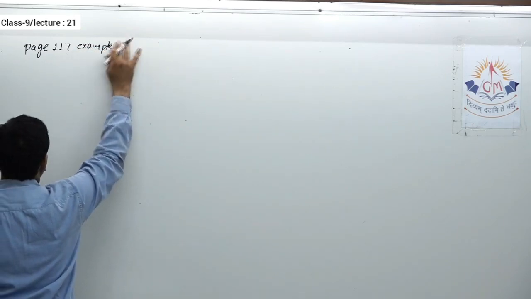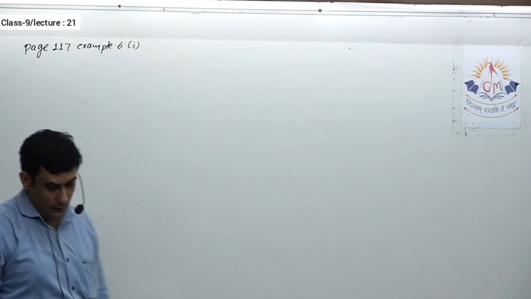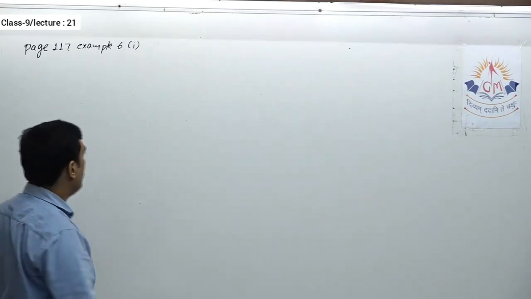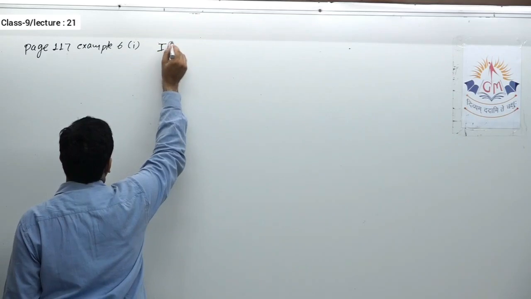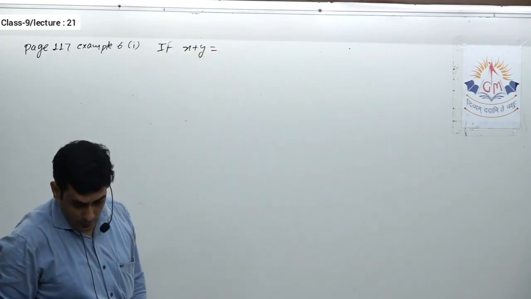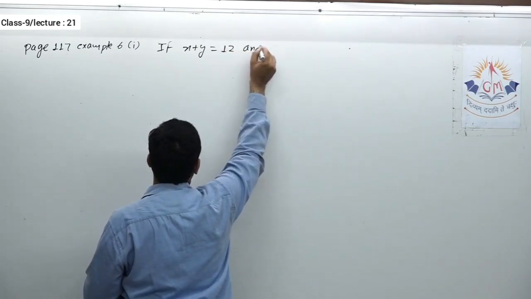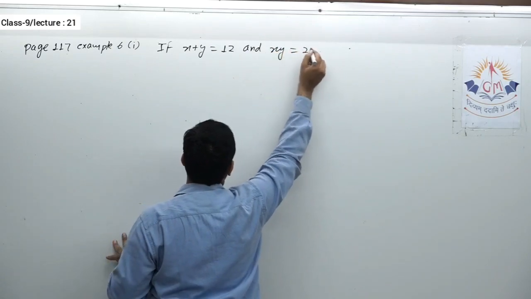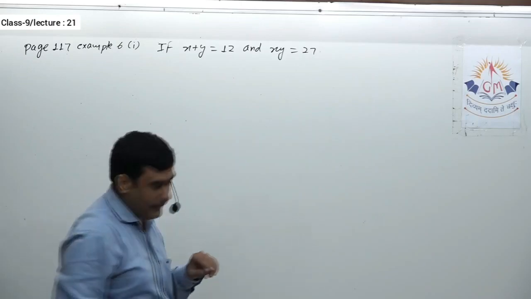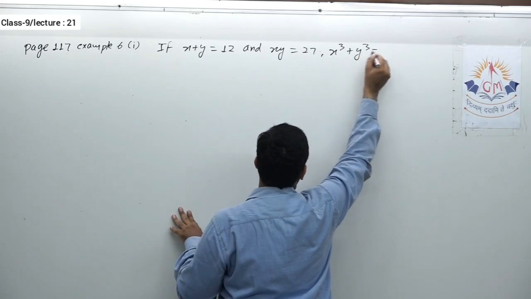The question is: if x plus y is equal to 12 and xy is equal to 27, then find the value of x cube plus y cube.